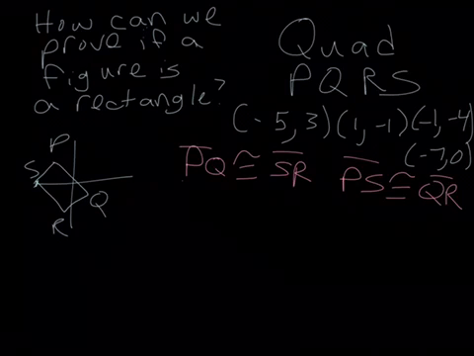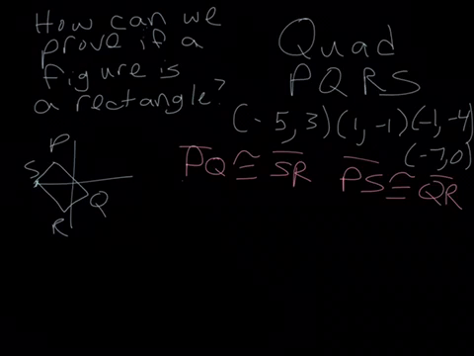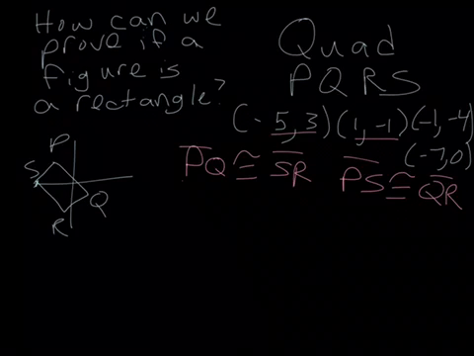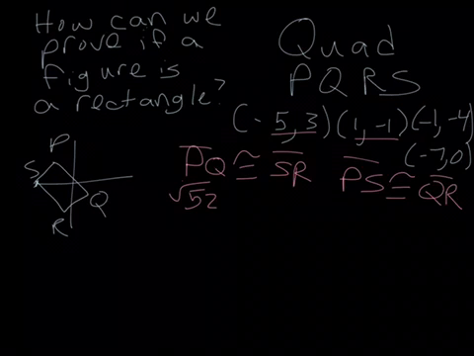So you'd take P and Q, find their coordinates up here, which is this first 2 set, and plug into the distance formula. So (-5 minus 1) squared plus (3 minus -1) squared, something along those lines would work. We'd end up with PQ at the square root of 52. Plugging in the coordinates for S and R, we'd also get SR to the square root of 52. They're equal, therefore they're congruent.